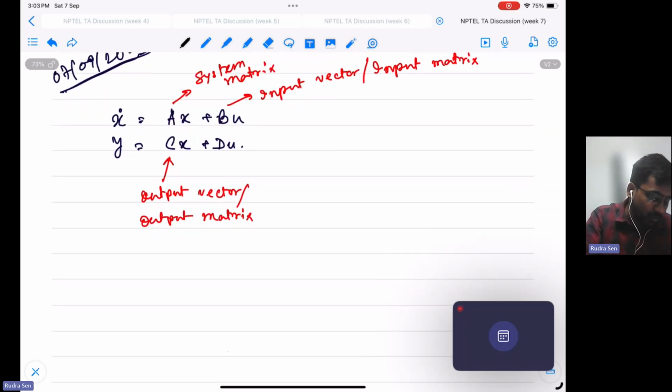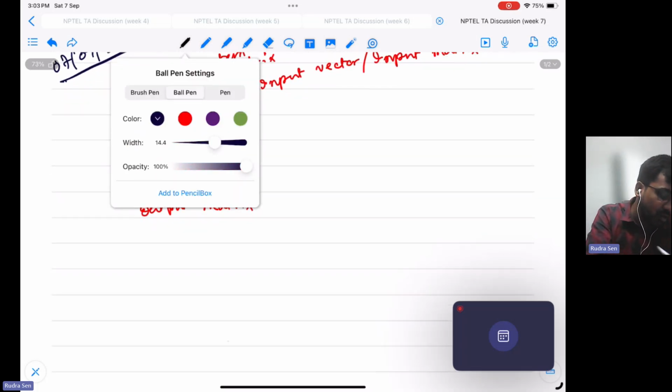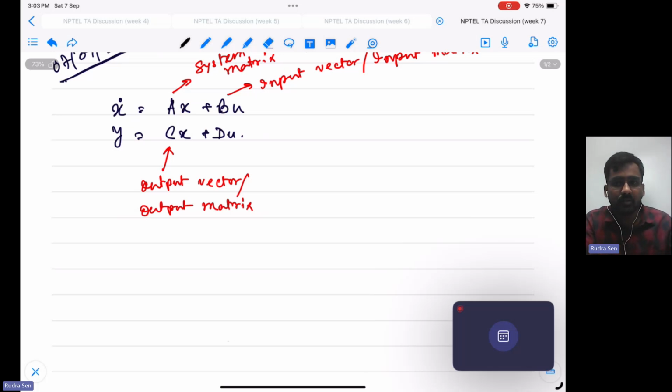When we check the controllability of the system, we are concerned about the matrices A and B, and we generate a controllability matrix which involves the B matrix and A matrix, and we check whether that matrix is full rank or not.